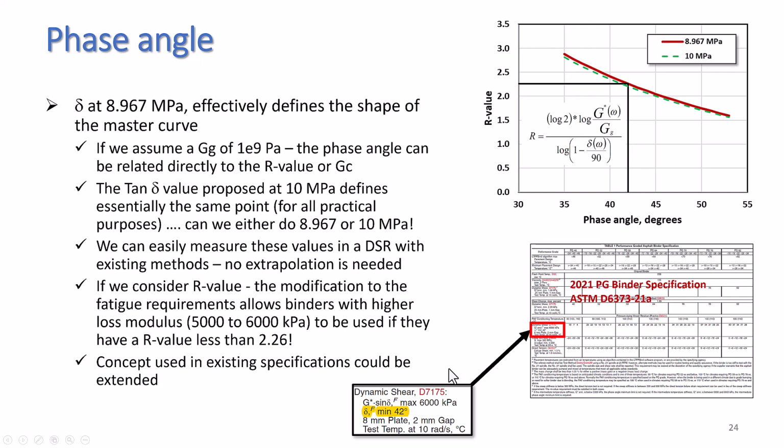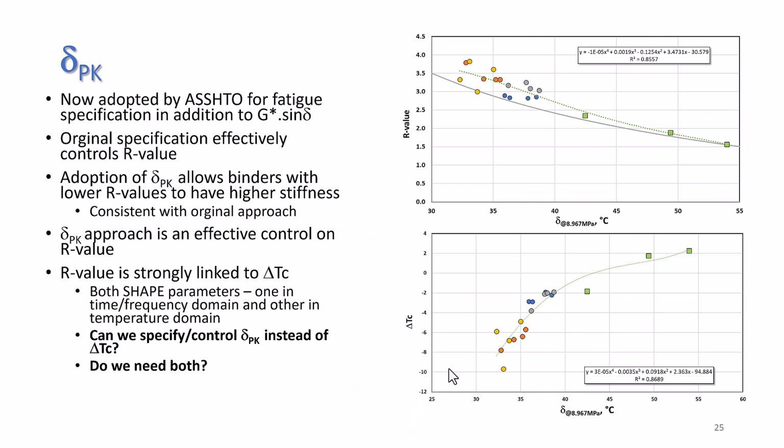So this is an approach that we can use, and let's just see how some of these parameters relate to each other. Looking at the phase angle, I put the phase angle PK there for Pavel Christensen's number, at 8.967.